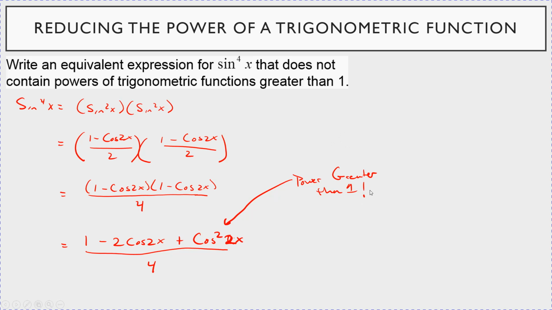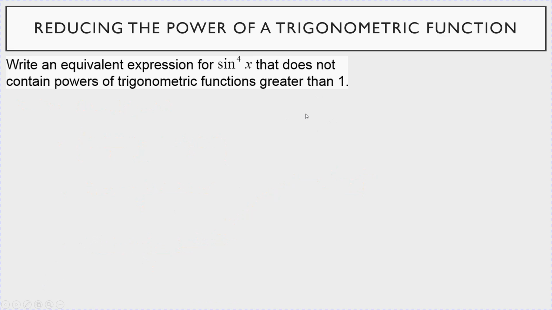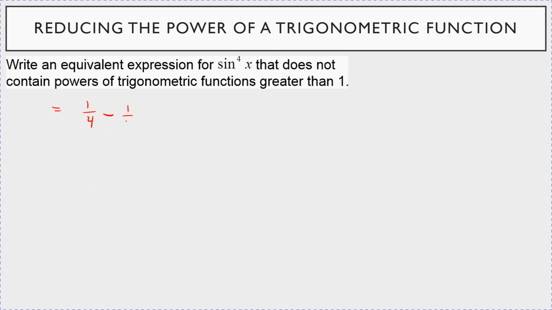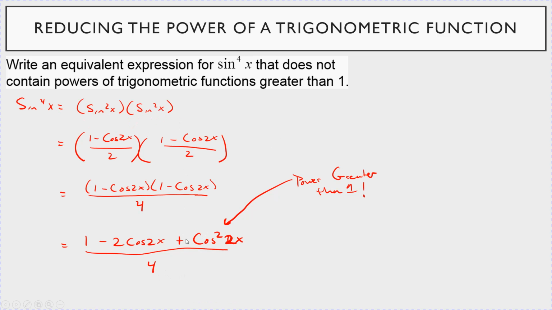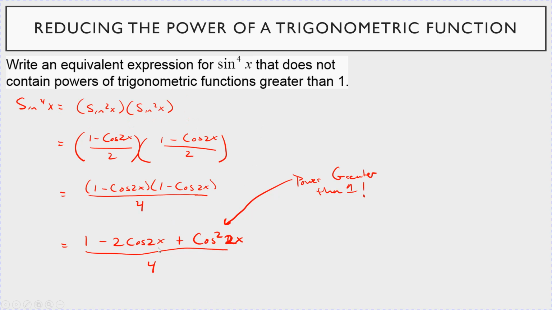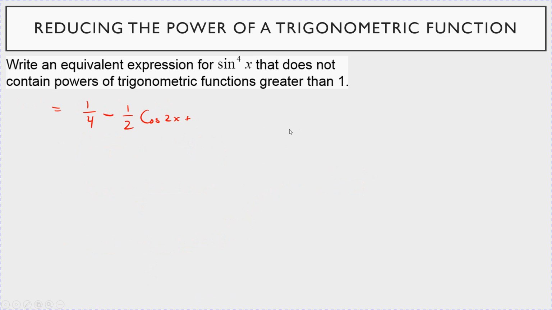I'm actually going to break this up so you can see it a little bit cleaner. I'm going to break this up as 1/4 and so on. So this is 1 over 4 minus 2 over 4, so that's 1/2. So minus 1/2 cosine of 2x plus, don't forget you have this 4 here, 1/4 times cosine squared of 2x.